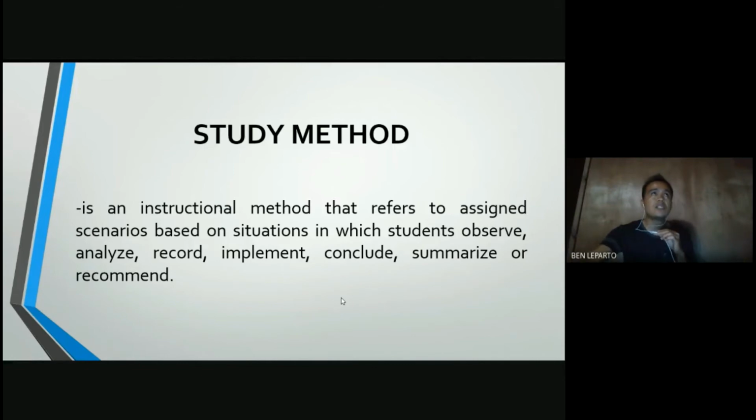It is just like a case method during classes, and it also provides unique examples of real people in real situations, enabling readers to understand ideas more clearly than simply by presenting them with abstract theories or principles. One example of the study method is the case study.